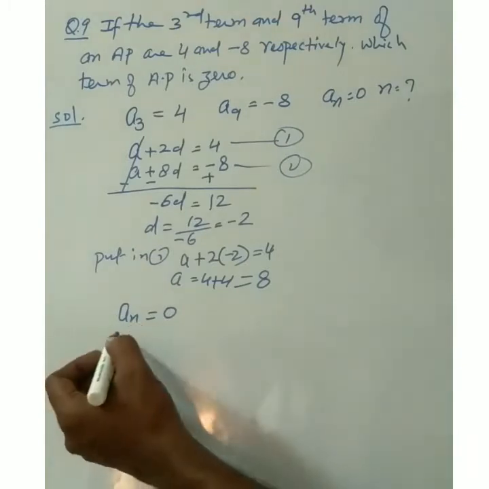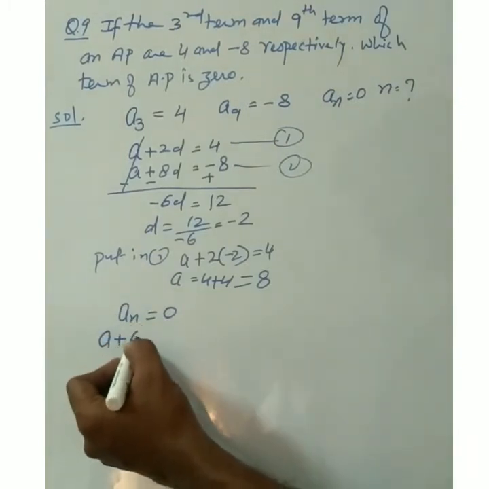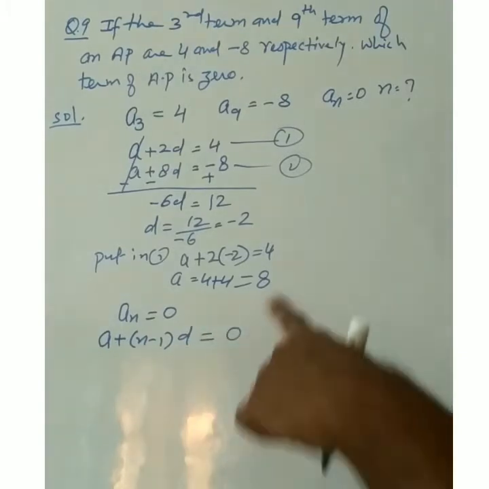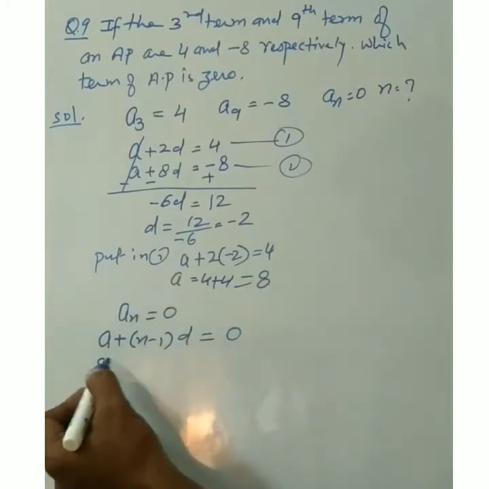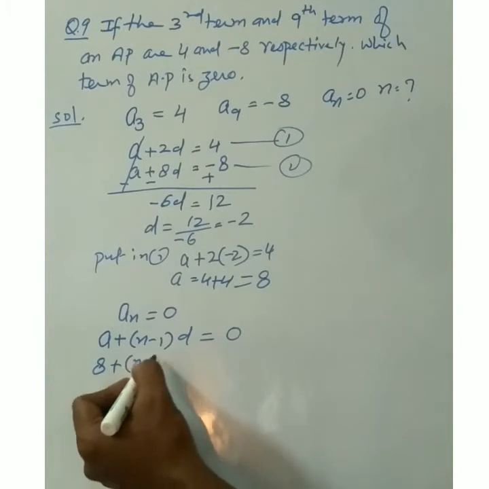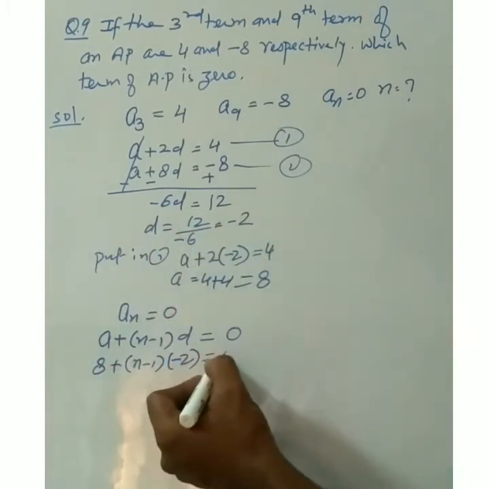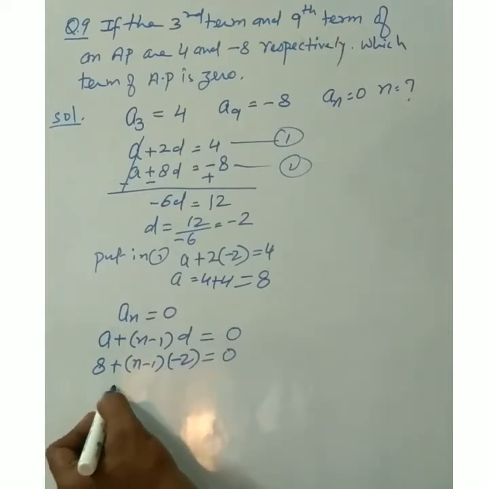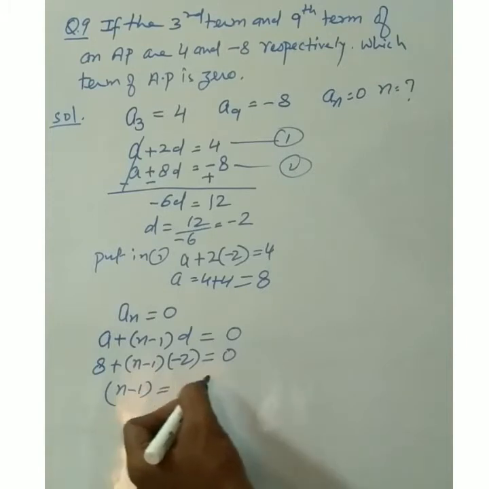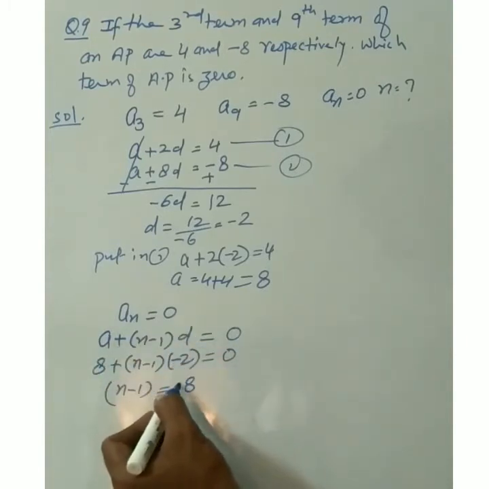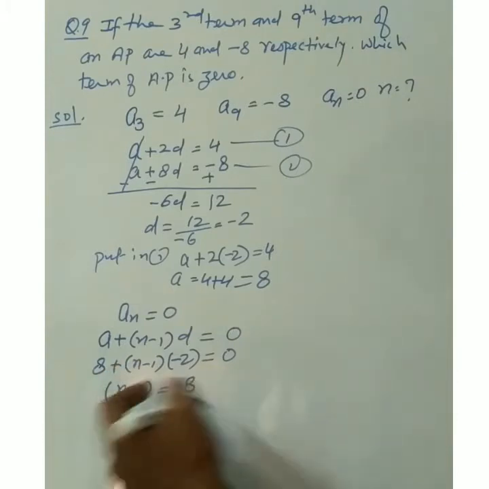So apply the formula. A plus n minus 1 into D equal to 0. A is 8 plus n minus 1, D is minus 2, equals 0. N minus 1 equals, shift this 8 on this side, it becomes minus 8, divided by minus 2.